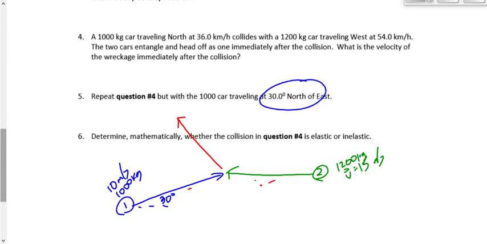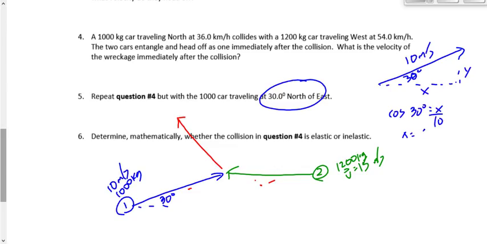All right, I don't like funny angles, so let's get rid of it. Let's take it up here and put it out of its misery. Here's 30 degrees. This is x, this is y, and this is 10 meters per second. So cosine 30 degrees is equal to x over 10. X is going to end up being 8.66 meters per second.